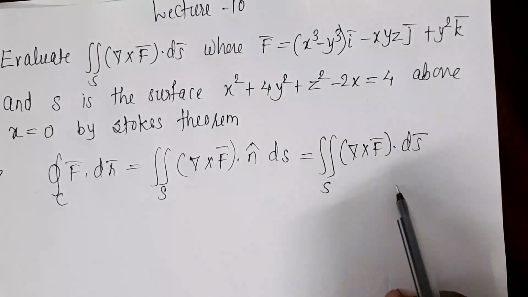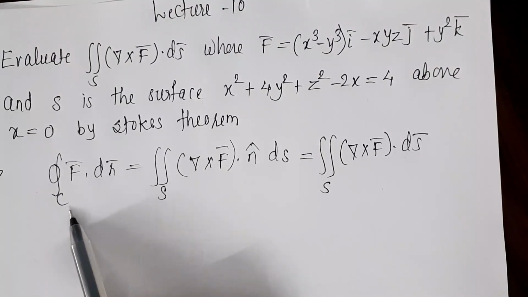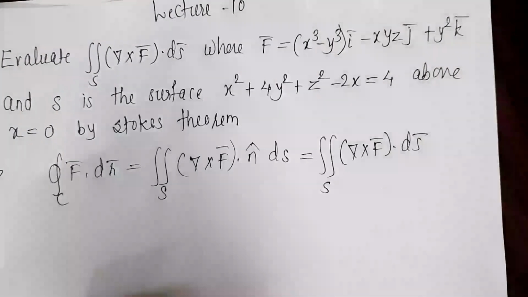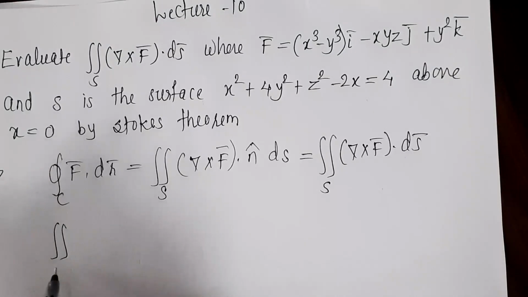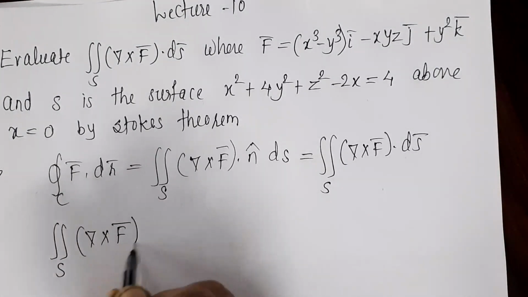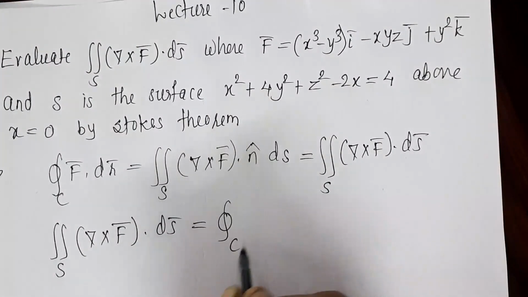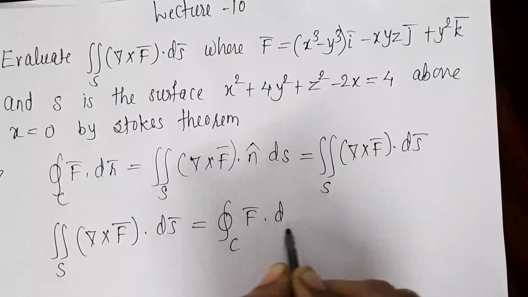So the right hand side is given, we have to use the left hand side. So to evaluate this, we can write it as equal to the integral over C of f dot dr.